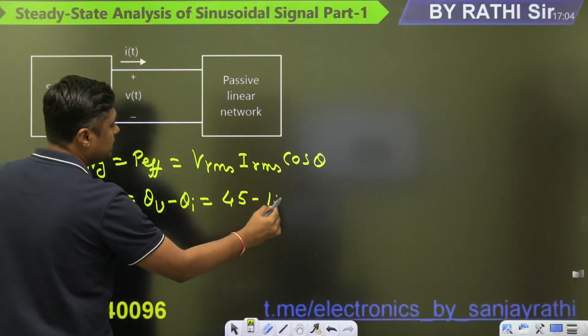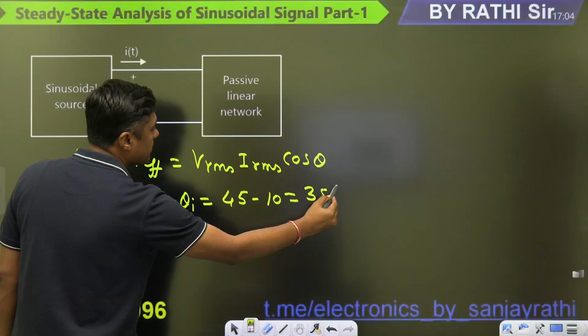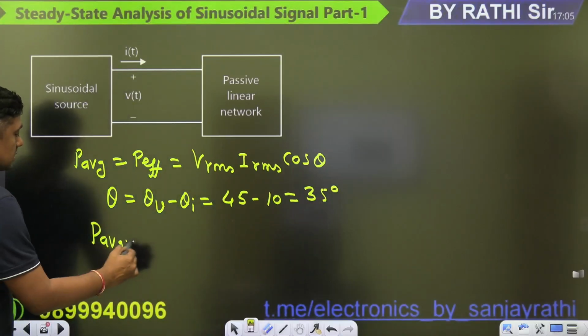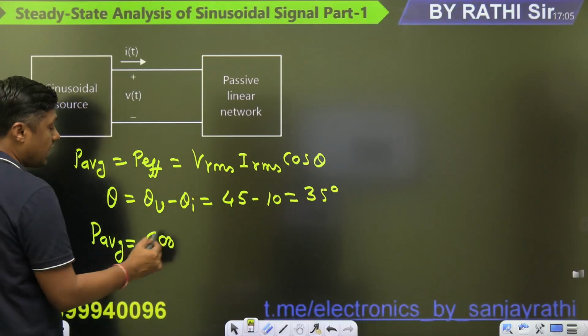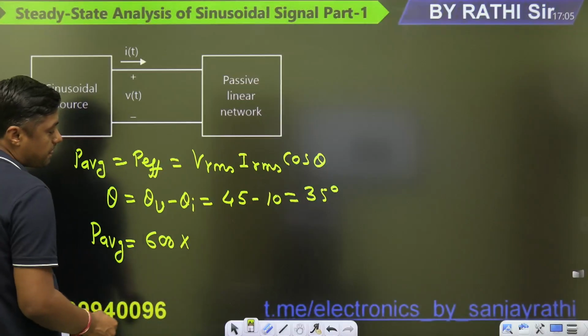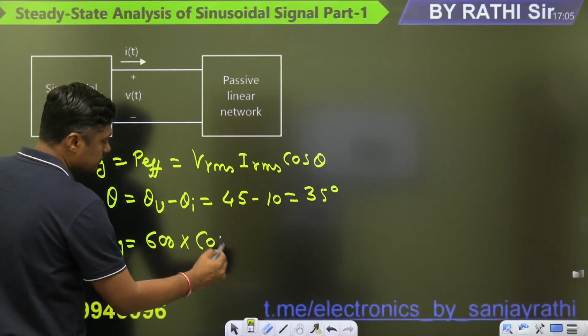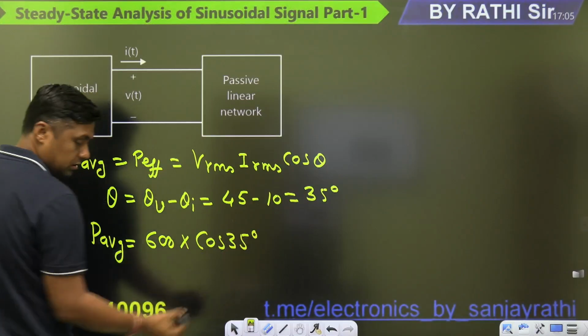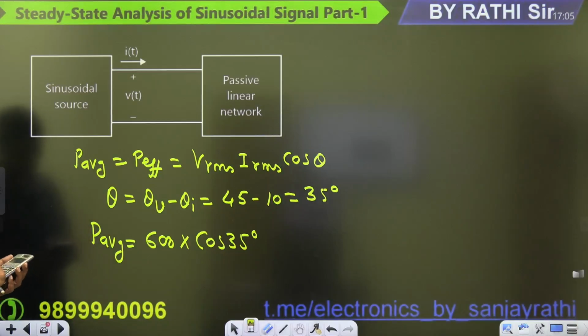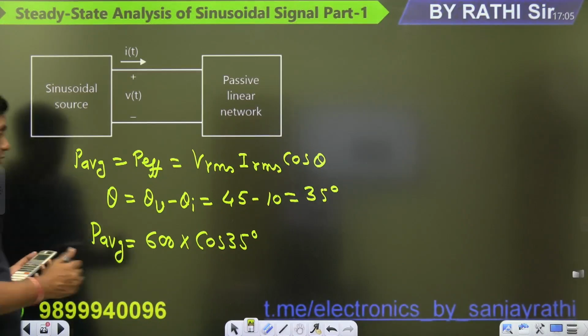What is theta I? 10. That's why it is 35. Therefore, average power is 600. This is nothing but V RMS, I RMS, which is V by root 2 times I by root 2, into cos 35. So directly you can find the value: cos of 35 into 600, 491.49.